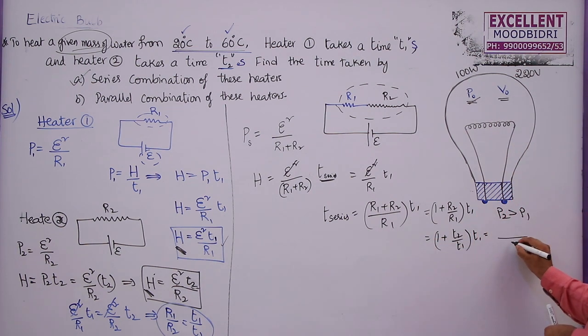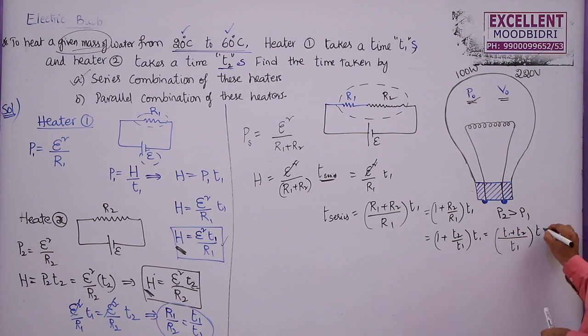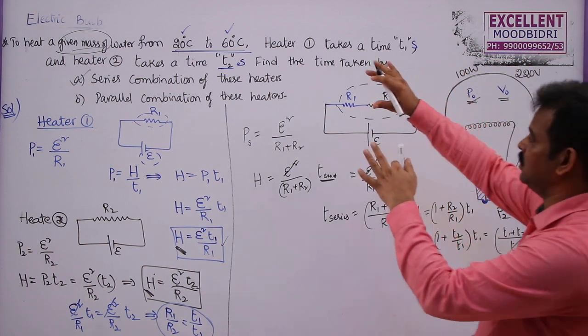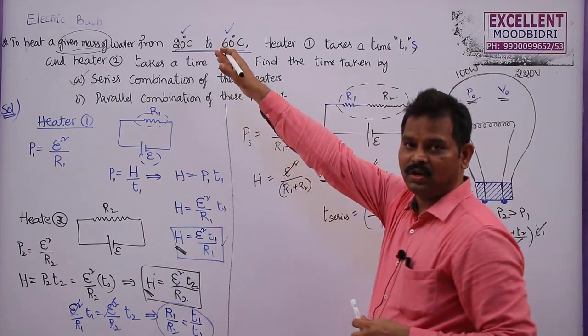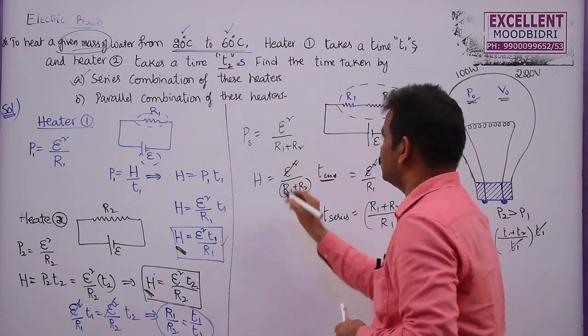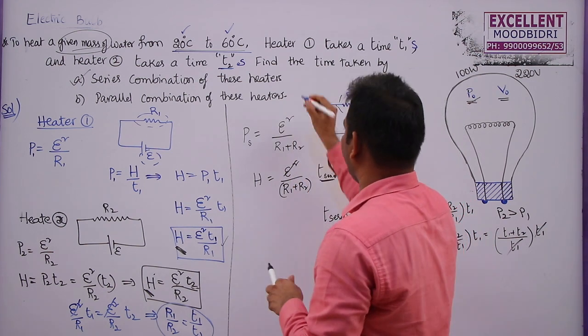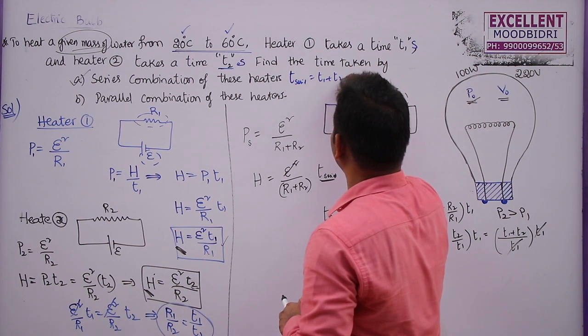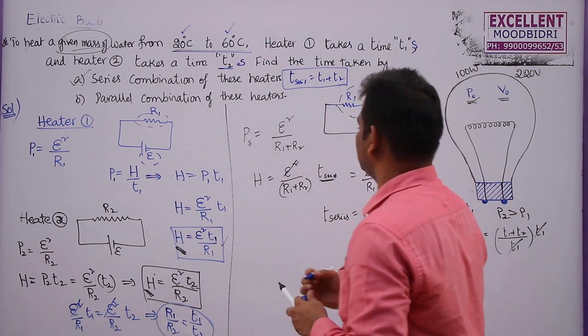If you take the LCM, this is T1, and this will become T1 plus T2, into T1. You can cancel these two. So what is the total time taken by this series combination of heaters to heat the water from 20 to 60? In the first part, we can write the answer as T series is equal to T1 plus T2. So this is the first combination.